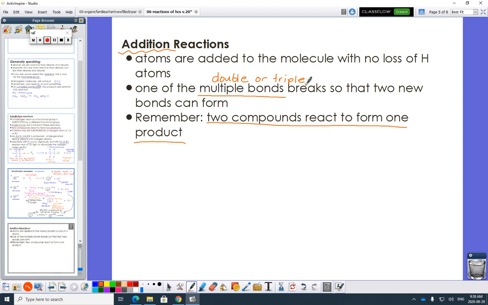Because 2 carbons are affected, you're going to have no loss of hydrogen atoms. That's why we only get 1 product. We'll do different examples because there's a whole bunch of things you can add to the double bond or triple bond. And again, these happen a lot more readily than the substitution reactions.